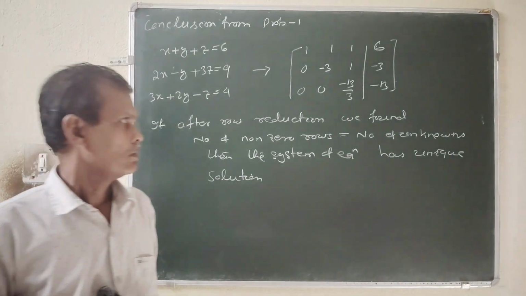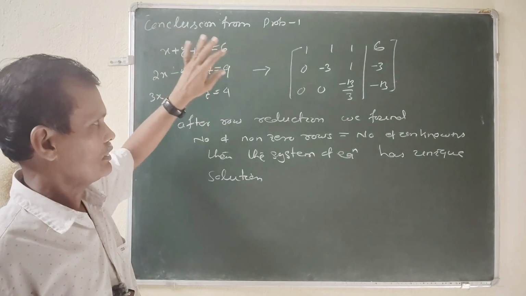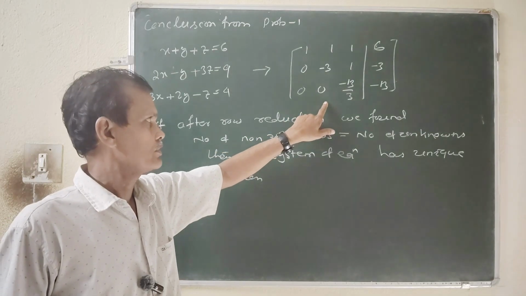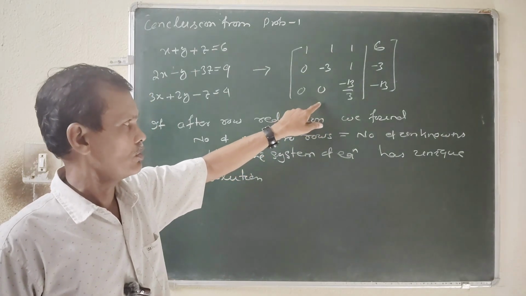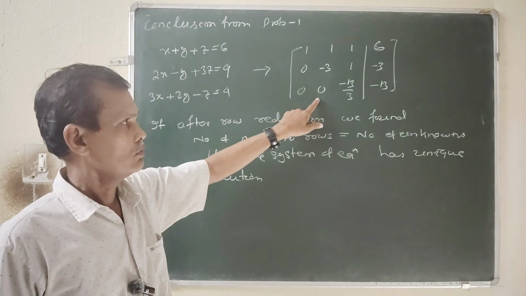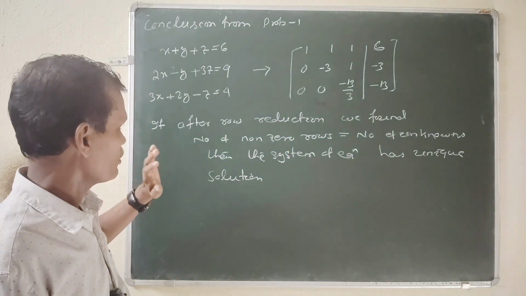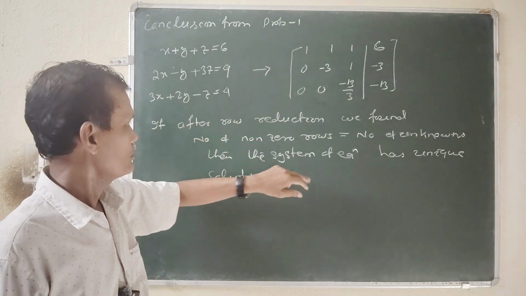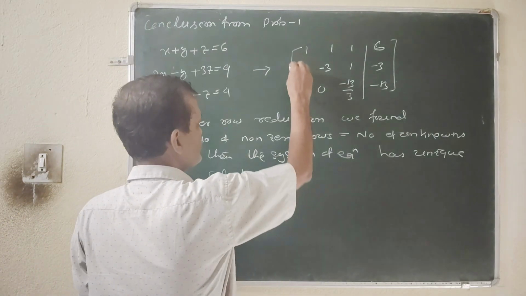Now you see, we have taken this system of equations, and after successive steps of row operations, this is our final step from which we get the solutions, and this structure is called the row reduced echelon form, right? And what is the conclusion we get? If after row operations the number of non-zero rows, you see how many non-zero rows are there?